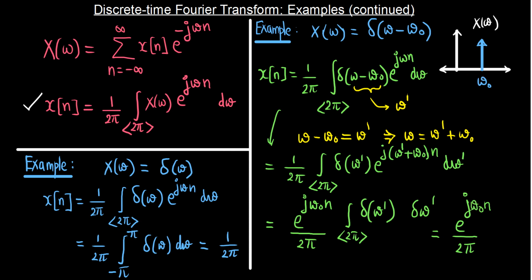So there's a close relationship between these two signals. So if we shift the signal in the Fourier domain by an amount of omega naught, the equivalent time domain expression is going to get scaled by the exponential factor of e power j omega naught n, where this omega naught is the amount of shift by which this signal has been shifted in the Fourier domain.